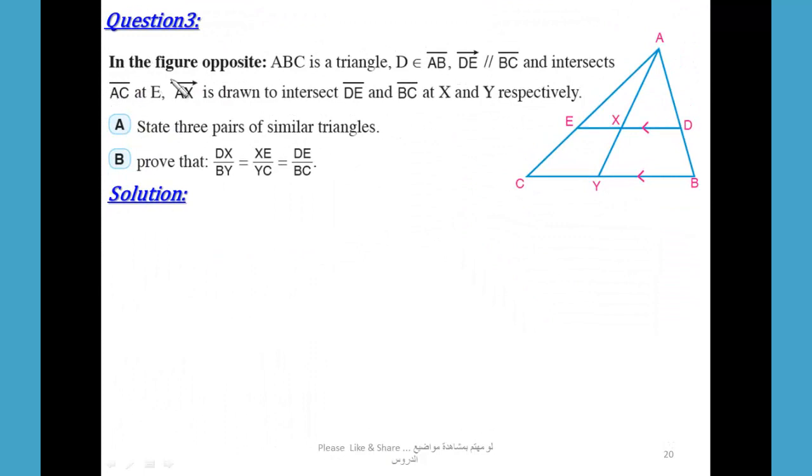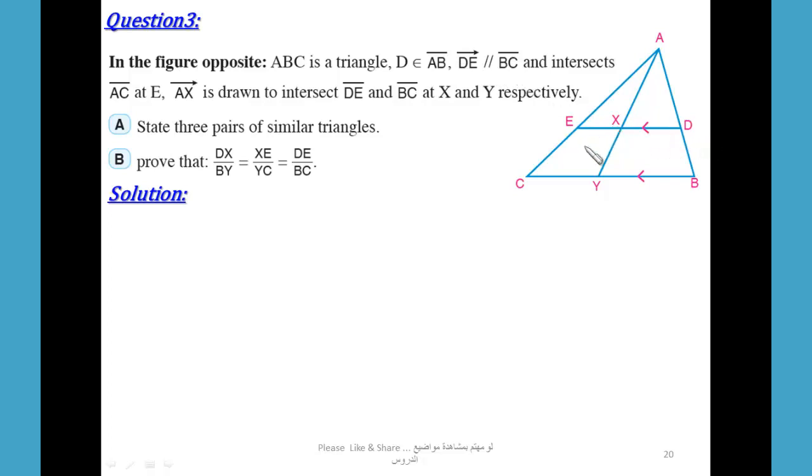Question 3. In the figure opposite, ABC is a triangle. D belongs to AB.